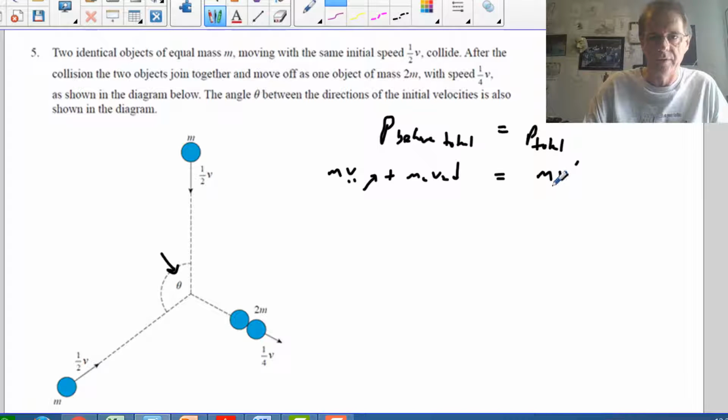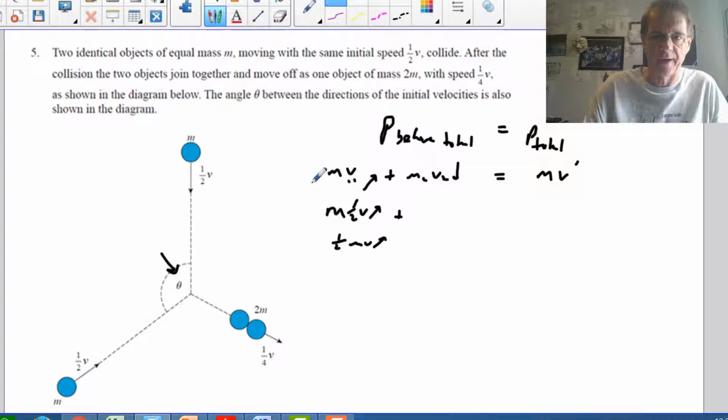So M1 is M, and it's got a half V for its velocity going that way, so you end up with a half MV going in this direction.